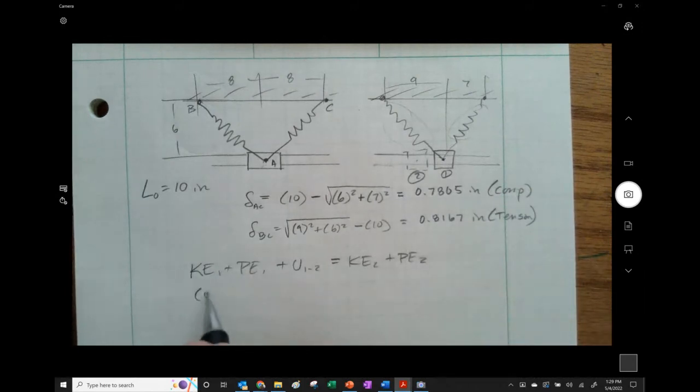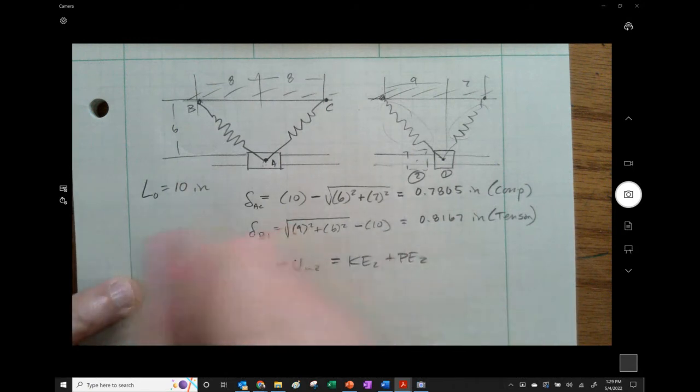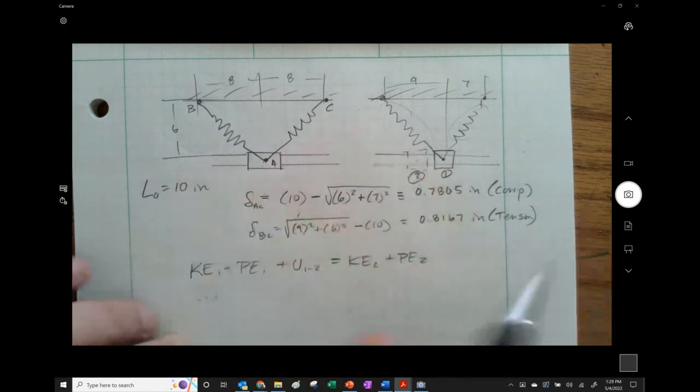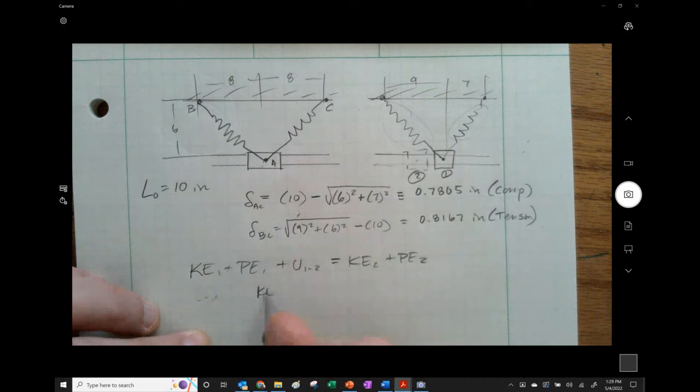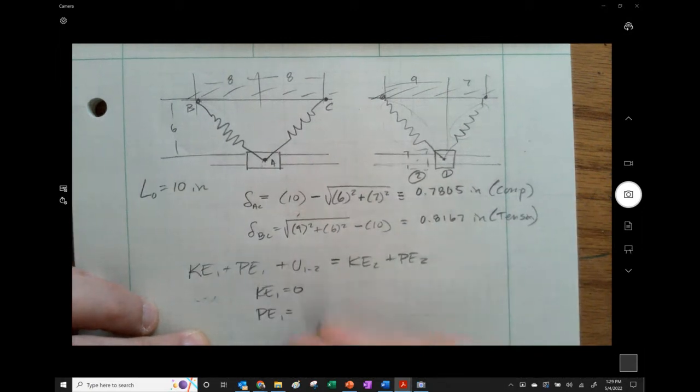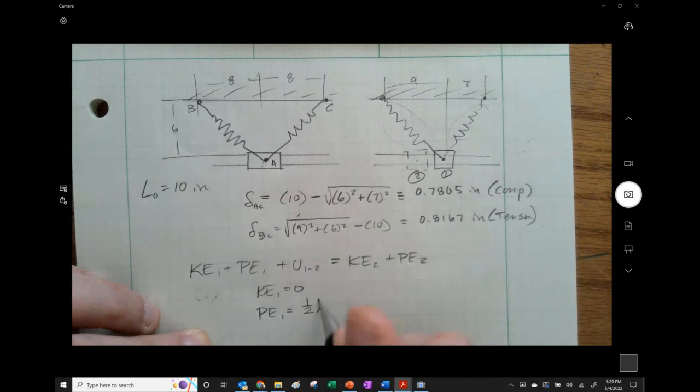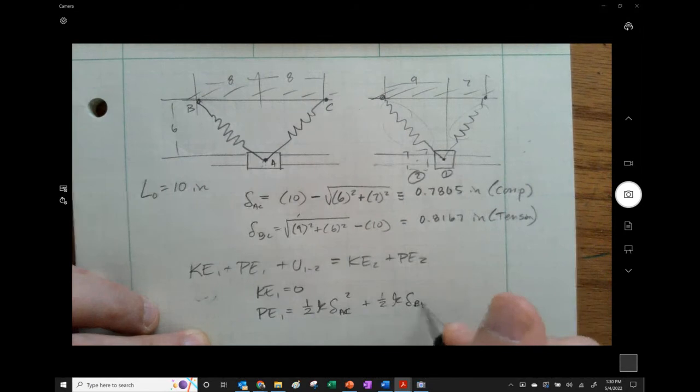So it's released from rest, but I should go down the list like I usually do. I like to do that better. So KE1 is equal to 0. PE1 is 1/2 K del AC squared plus 1/2 K del BC squared.